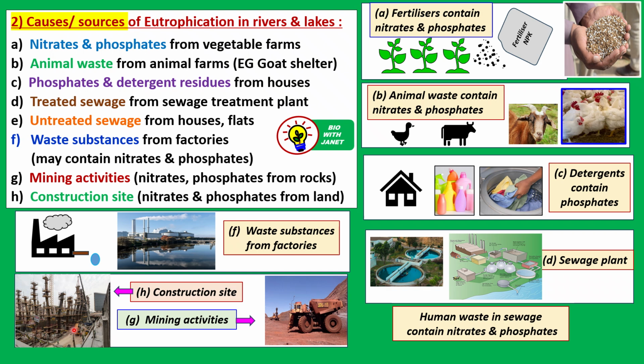So the land may already be full of these excess nitrates and phosphates from fertilizers. So when construction is going on to build maybe houses or other buildings, the soil may be dug up, and then this may contain the nitrates and phosphates left behind from agriculture.